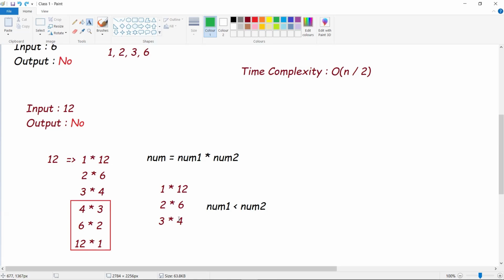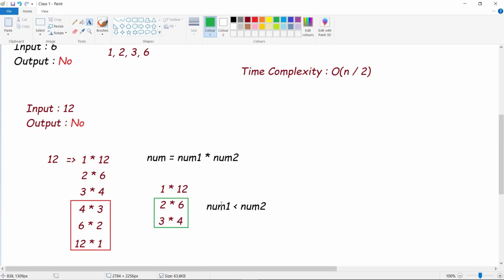So here number 1 is less than number 2. Let me ignore the first scenario, focusing on 2 into 6 as well as 3 into 4. Now can I say number 1 as well as number 2 are both factors of 12? Yes. 2 is a factor, 6 is a factor, 3 is a factor, 4 is a factor.